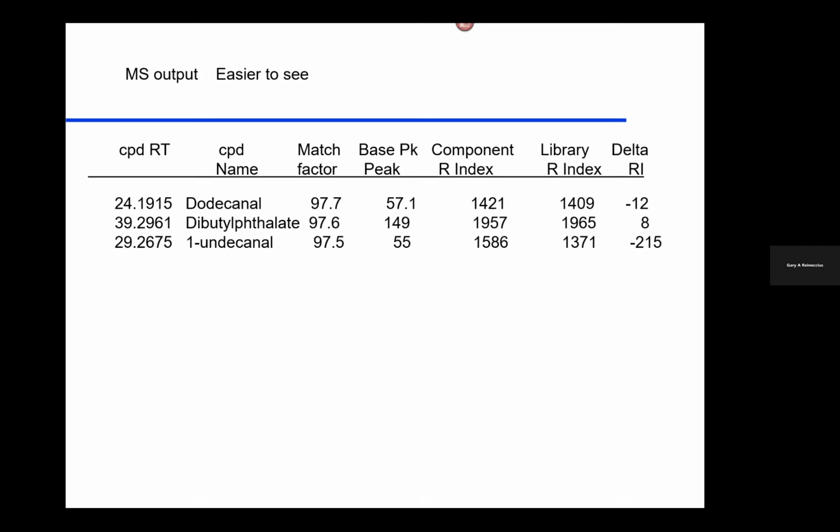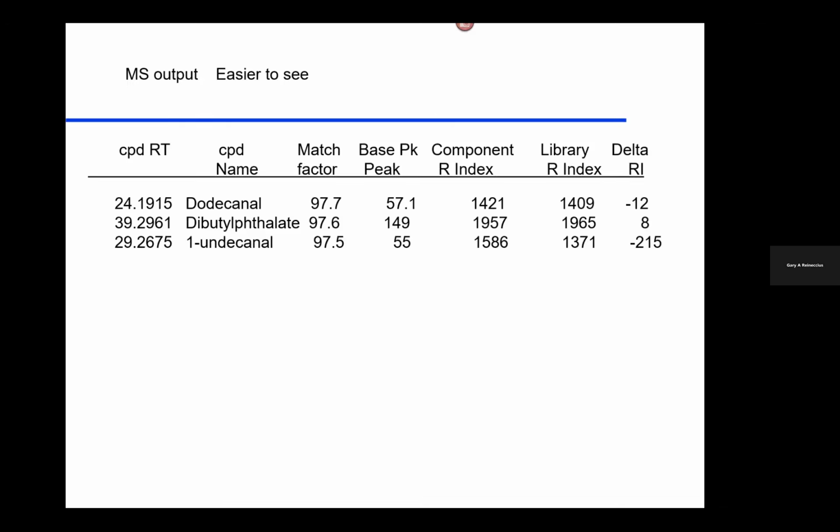Then we can go into a library, and most of these are published these days. The library says dodecanal, according to our experience and data, should elute just after the 14th hydrocarbon, 0.09 distance after it. So it's a reference, and it tells us when our compound elutes compared to the reference.